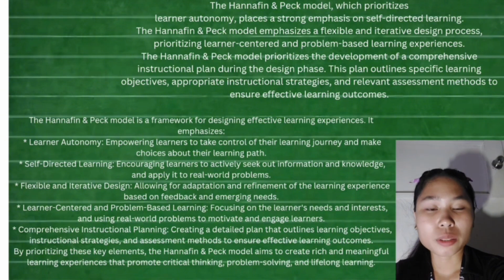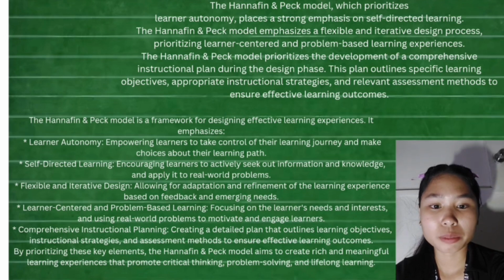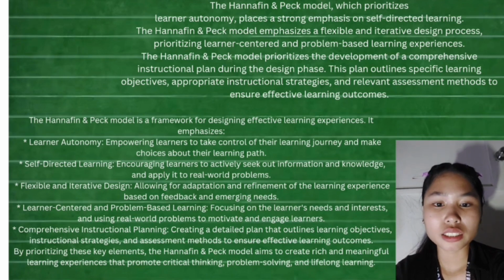And lastly, the comprehensive instructional planning. It creates a detailed plan that outlines learning objectives, instructional strategies, and assessment methods to ensure effective learning outcomes.